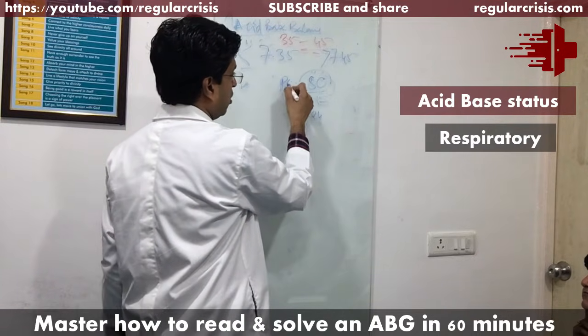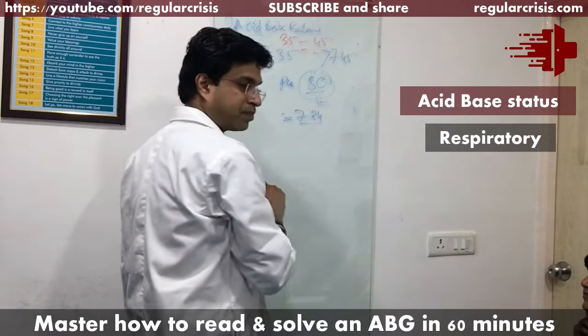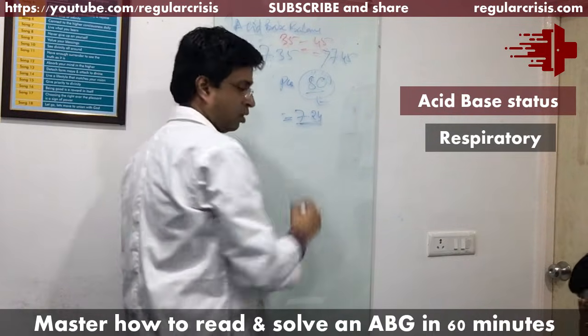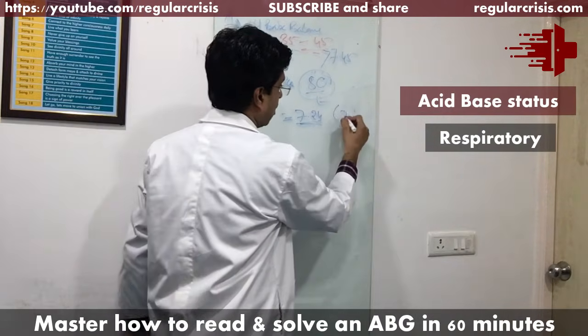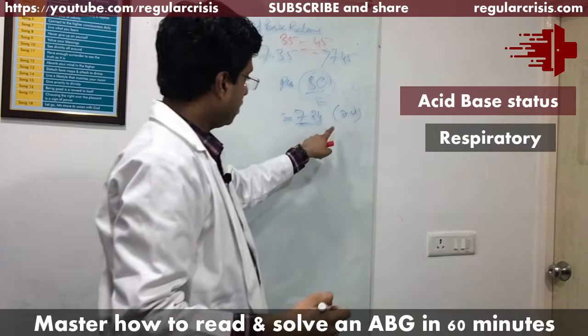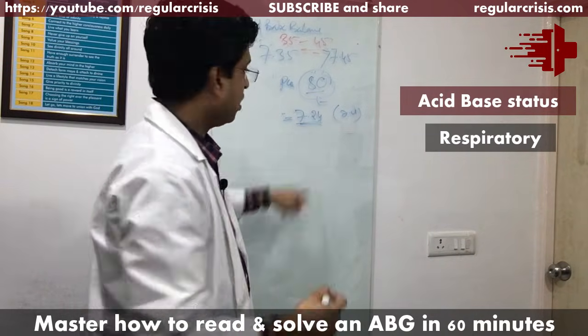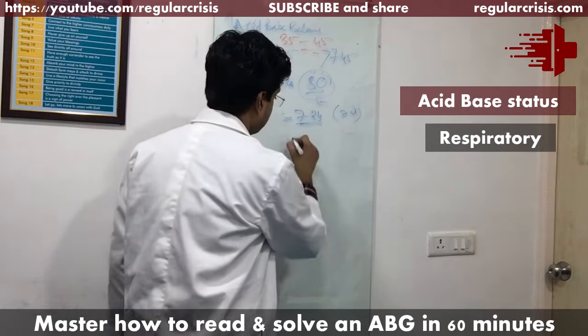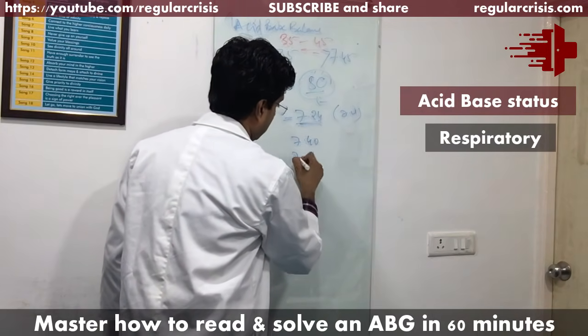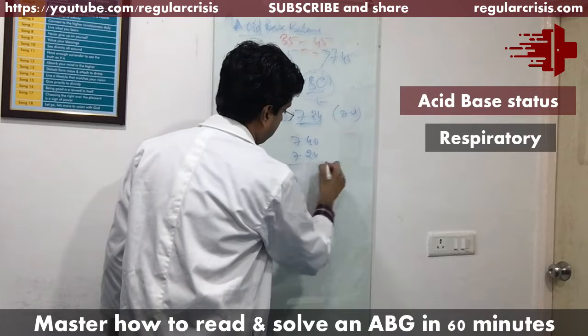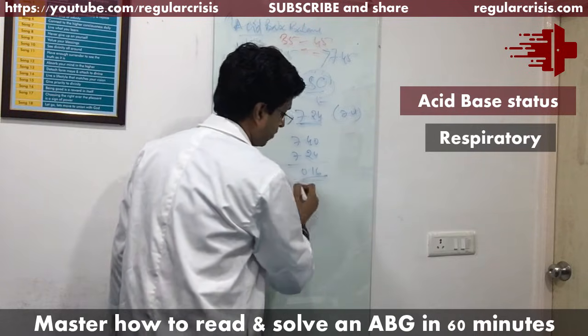PCO2 is 80 and pH is 7.24. So it has changed from 7.4 definitely. How much pH change is there? 7.40 minus 7.24 is 0.16.